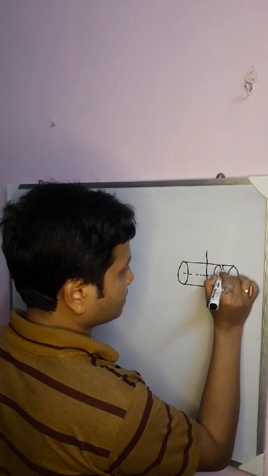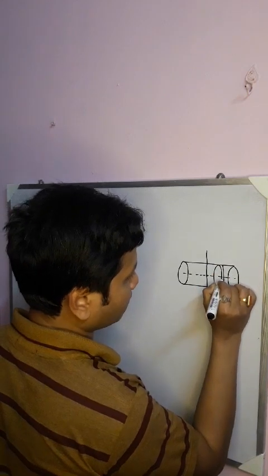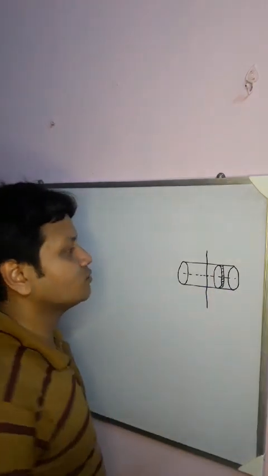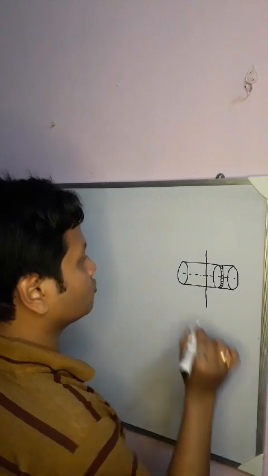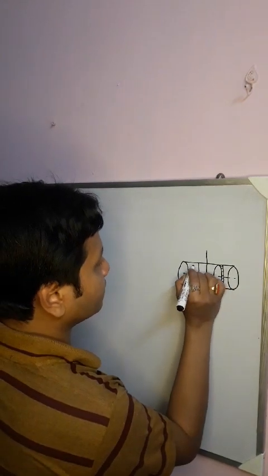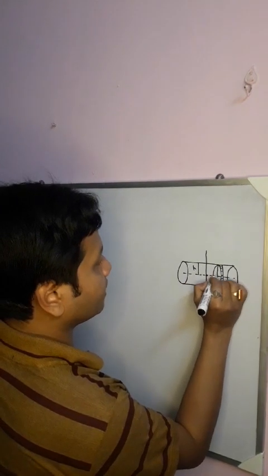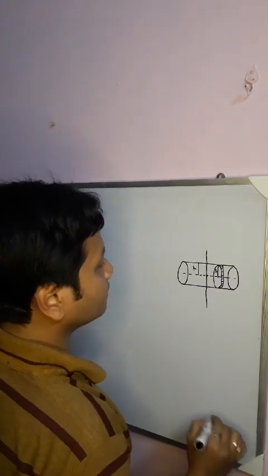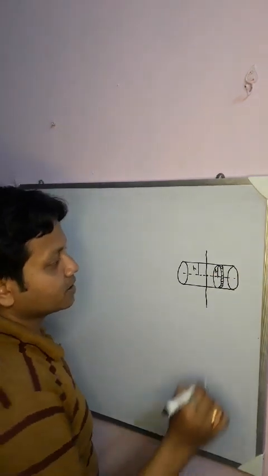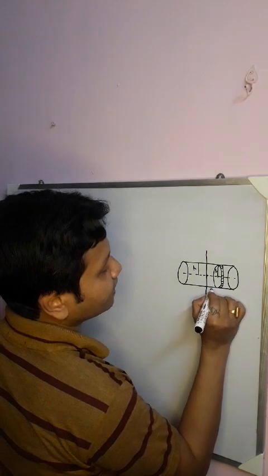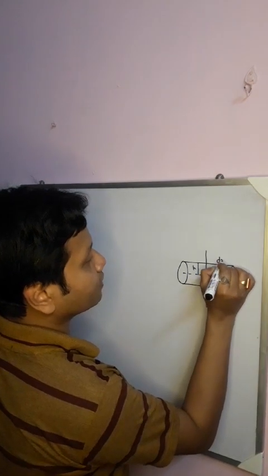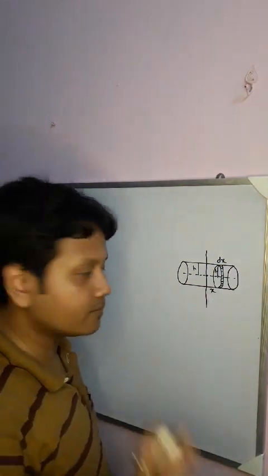Again, we know that the cylinder is composed of a large number of circular discs piled one above the other, and we consider such a disc. If r is the radius of the cylinder, then it will also be the radius of the disc. The disc is taken at a distance x from the center of gravity, with width dx.